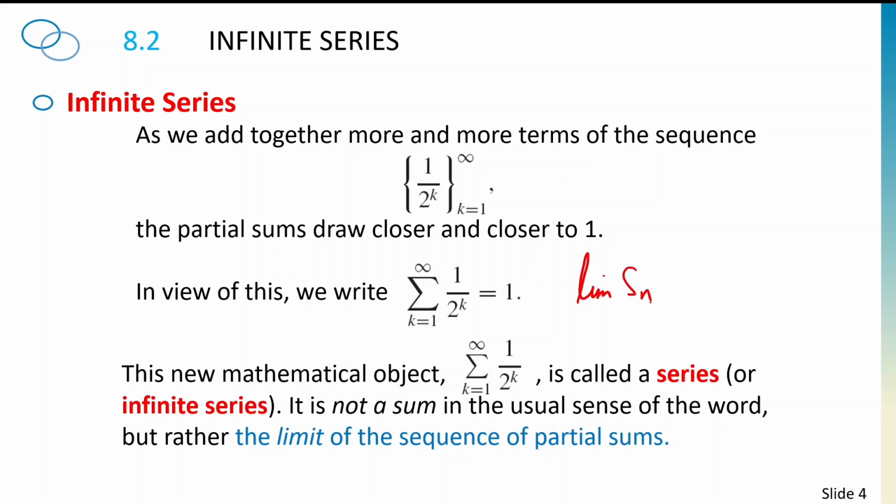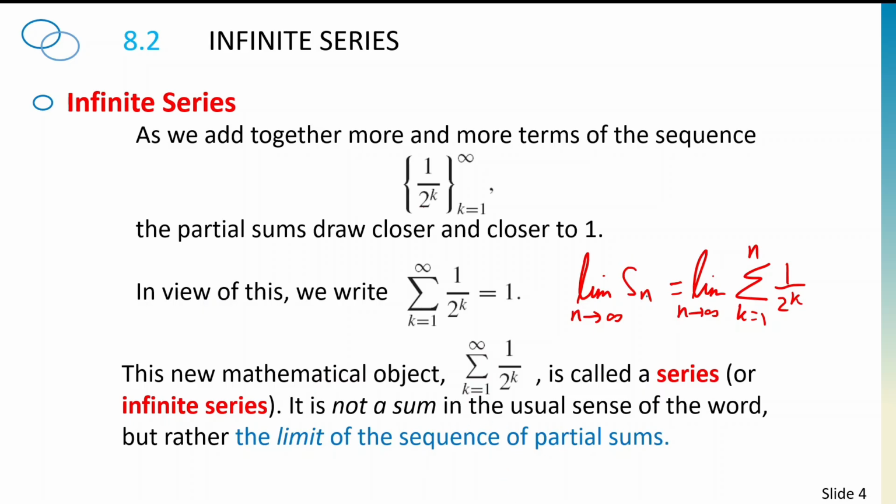If I take the limit of Sn as n approaches infinity, I could write it as the limit of the sum of k equals 1 up to n as n approaches infinity. For this example, it's 1 over 2 to the power of k. So basically, it's not the normal summation. It's like you're finding the limit of the partial sums as n approaches infinity, okay?